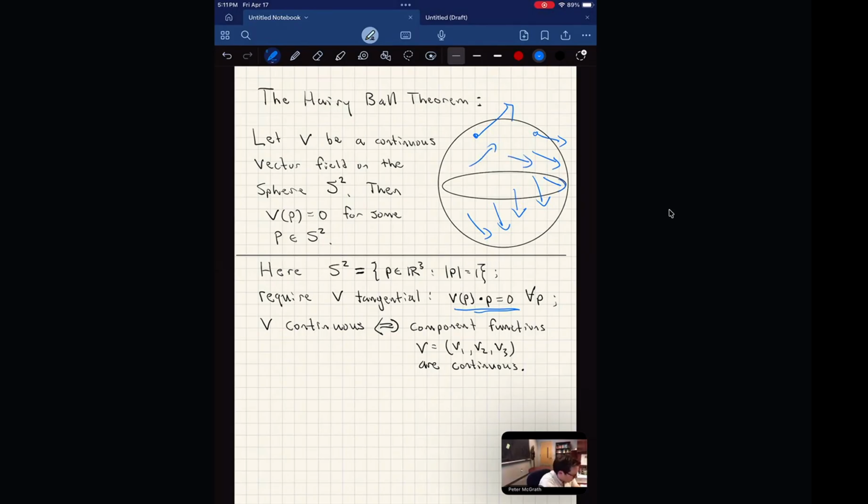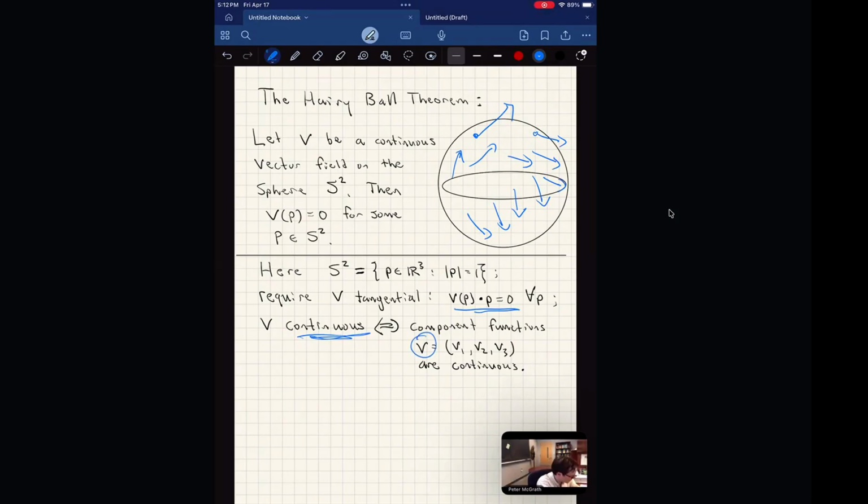So if you try to do this in a way that's continuous, and by continuity, I could mean many different things that are all equivalent, but maybe the simplest is just saying that the three component functions of this vector field are just continuous functions.